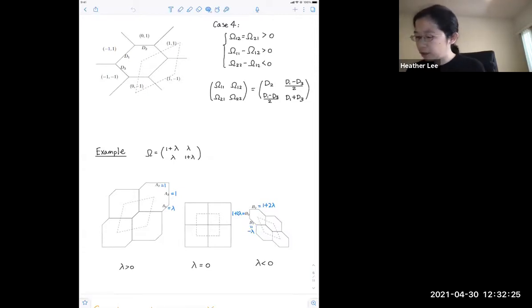Okay, so this shows a transition of how the geometry of the mirror changes as we vary the complex structure on the abelian surface that the genus 2 curve is embedded in.